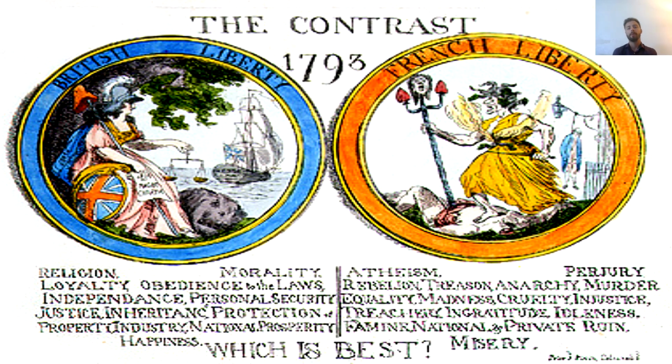while the French liberty was more representative of atheism, rebellion, treason, anarchy, murder at times, equality, madness, cruelty, injustice, treachery, ingratitude, idleness, famine, national and private ruin and misery. Maybe this is framed in favor of British liberty here, but we see this conflict between the British and French understandings and framings of liberty through this political cartoon and graphic visualized and distributed frequently throughout the time.